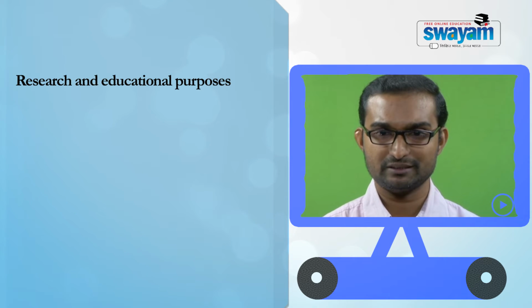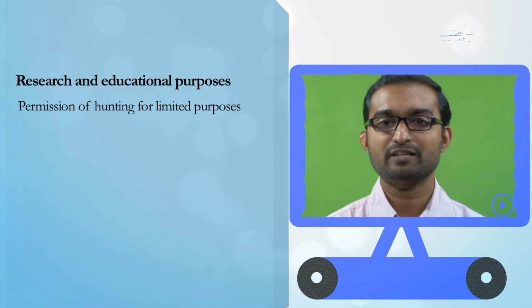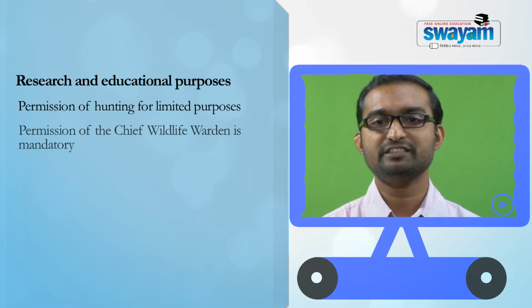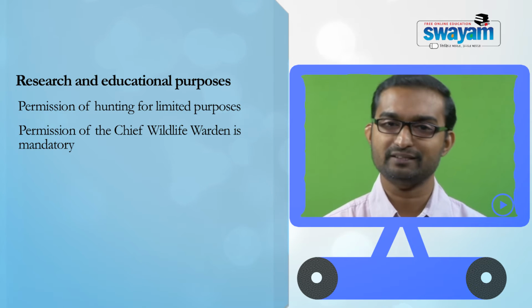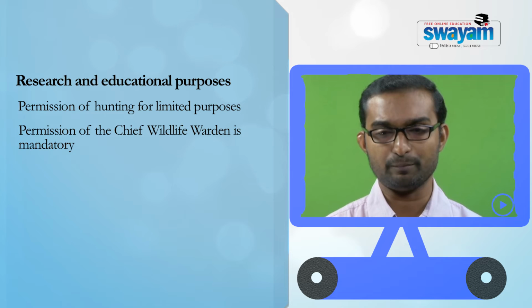There is another situation in which hunting can be permitted, that is for research and educational purposes. But there are several conditions to be satisfied. For example, permission of the Chief Wildlife Warden is mandatory for hunting for research and educational purposes.